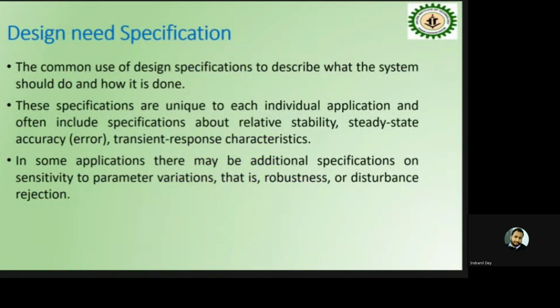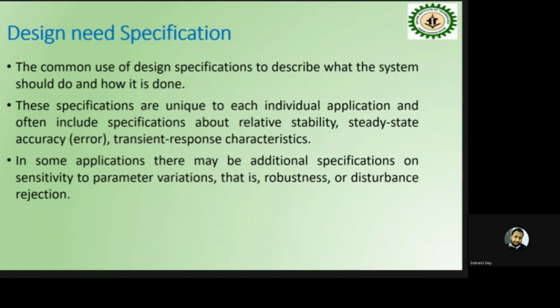The first point is the design need specification. The common use of the design need specification is to describe what the system should do and how it can be done. Let's say we have a process. For a particular process, we want to control some of its variable.